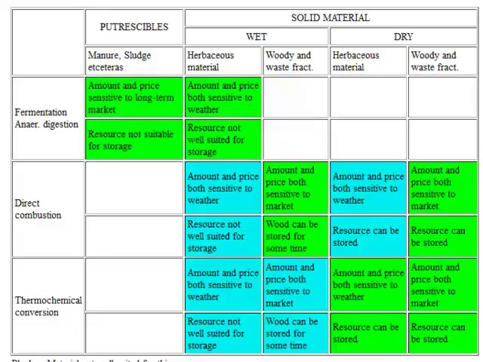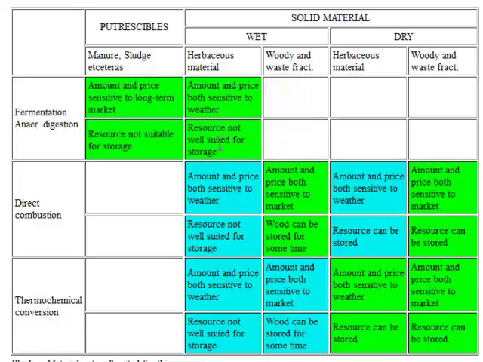It also points out that putrescibles are not suitable for storage. But the green boxes indicate that putrescibles are best suited for fermentation and anaerobic digestion. So the supply chain of these has to take into account that they cannot be stored, basically.